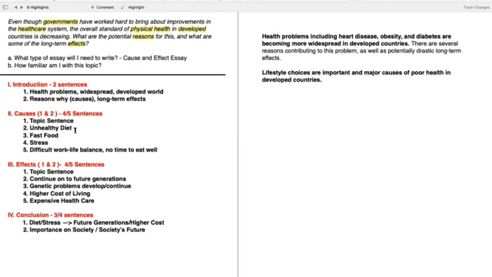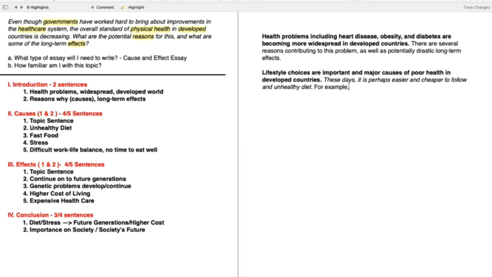Okay, now I'm going to go into my second sentence, which would be my explanation. And I'll go ahead and put this in italics so that we know it's number 2, it's the explanation. And I'll say, these days, it is perhaps easier and cheaper to follow an unhealthy diet. So I've got my unhealthy diet. I say that it's easier and it's cheaper because I'm going into fast food. So for my example, I'm just going to do that in regular text.